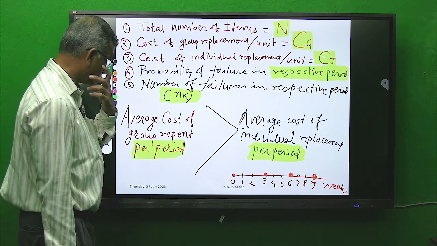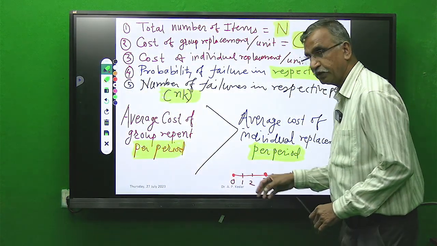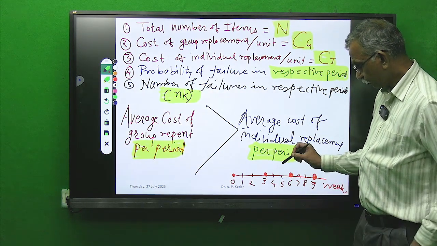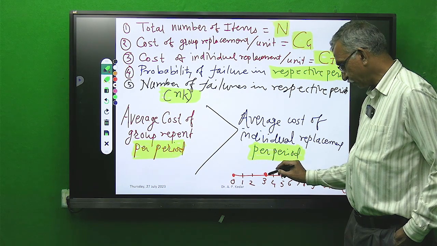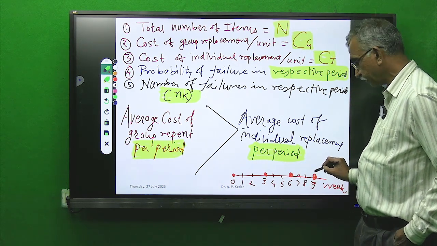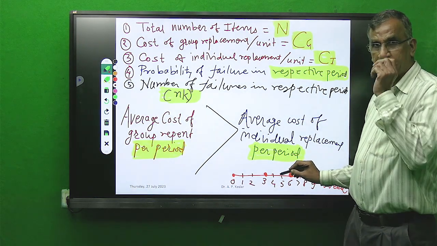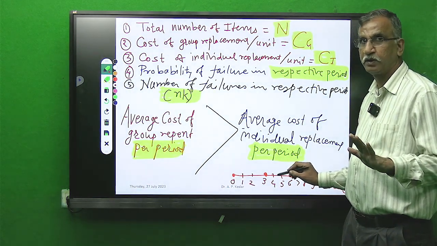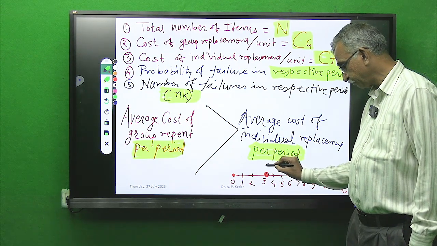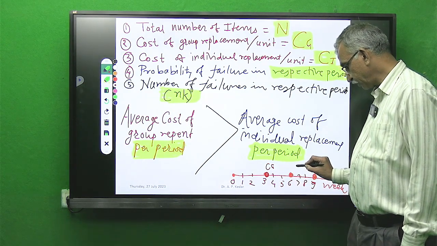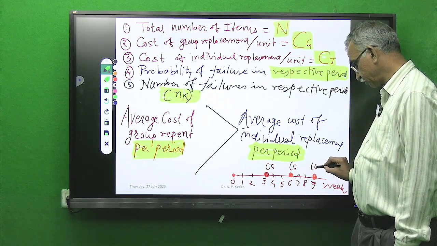If your answer turns out to be replacement at the end of every 3 weeks, so I have marked this with bullets like this, then at every 3rd week, 6th week and 9th week, you will replace all the components in a group whether they fail or do not fail. And here the cost which you will bear is CG.